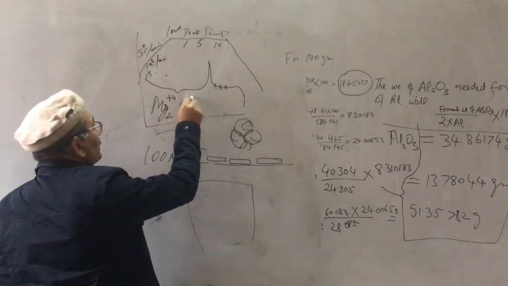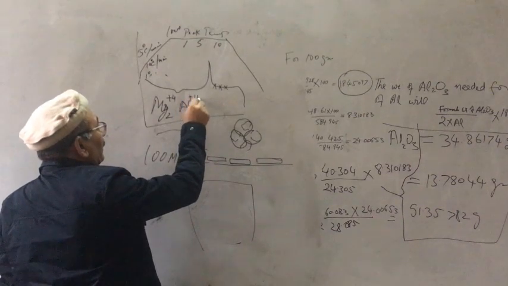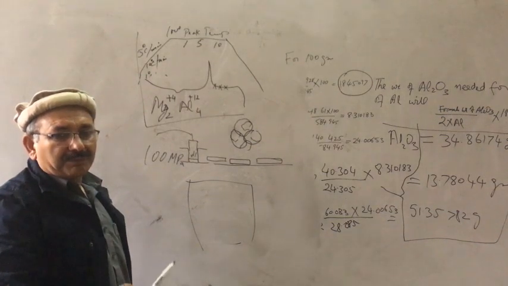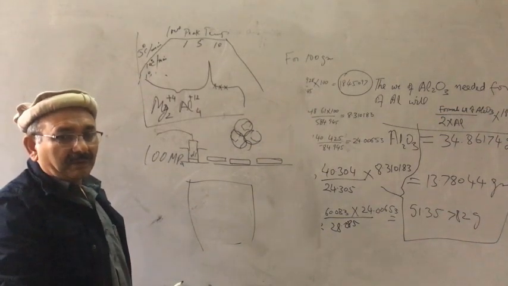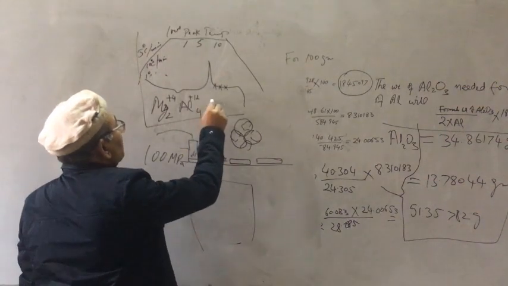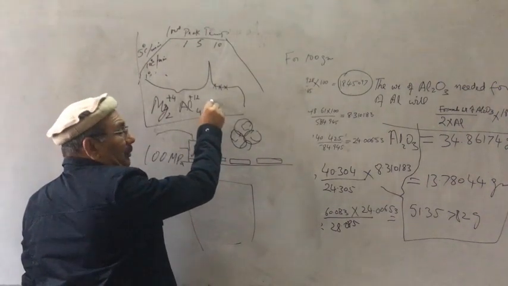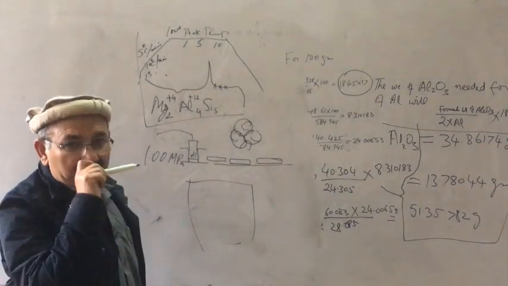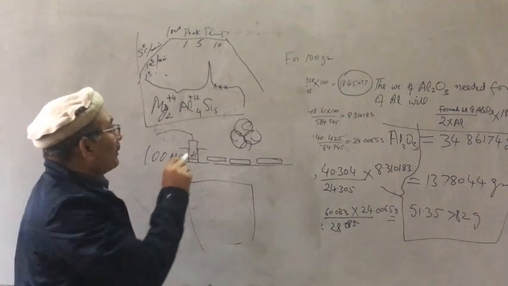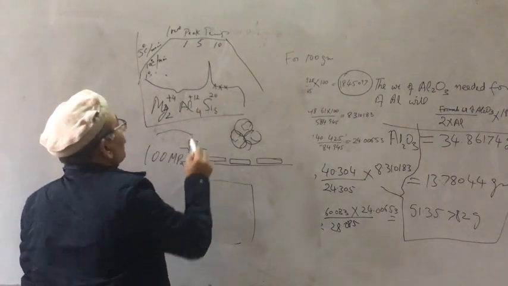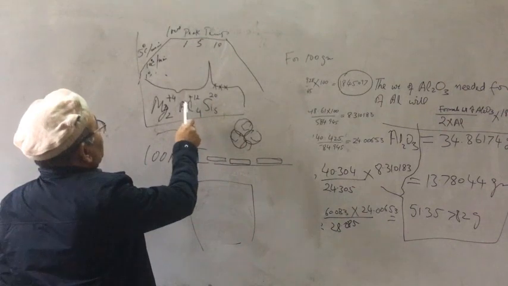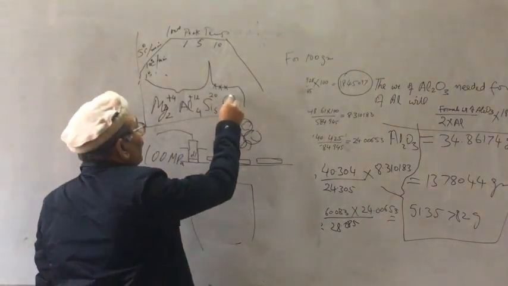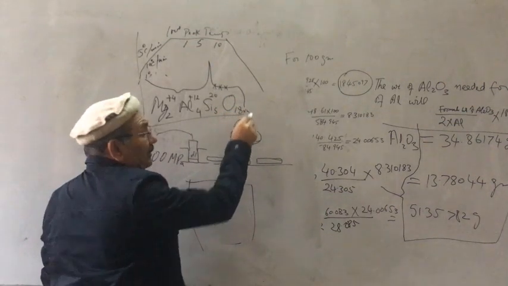Al4 means plus 12, right? Al4 is plus 12, 3 into 4. Silica, SiO2, Si5, so 5 times 4, 20. So how much is it? 16 plus 20, 36. 18 into 2, 36. Yes.